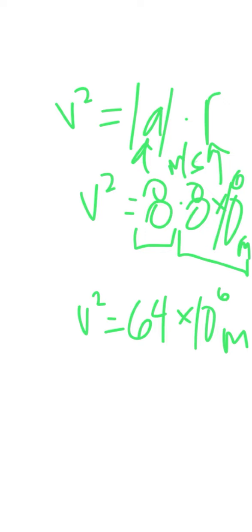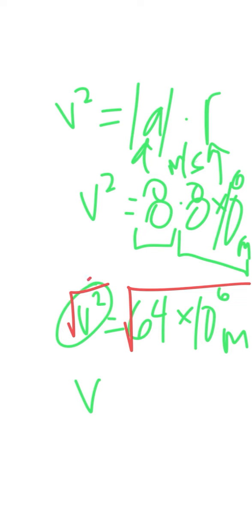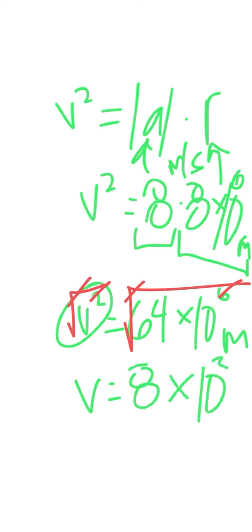Now we want to take the square root of both sides because we don't want v squared. We just want to find the velocity, not velocity squared. So when we take the square root, the square root cancels with the squares, and 10 to the 6th becomes 10 to the 3rd. So we have v equals 8 times 10 to the 3rd meters.